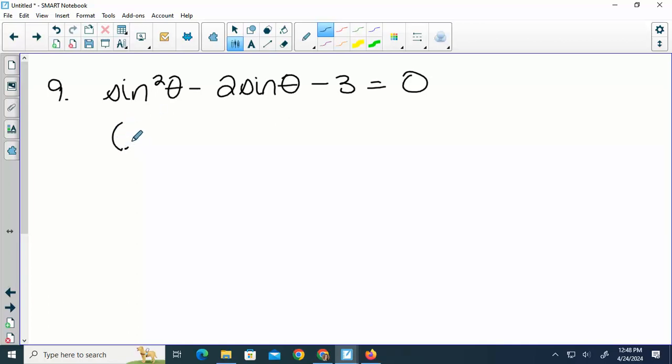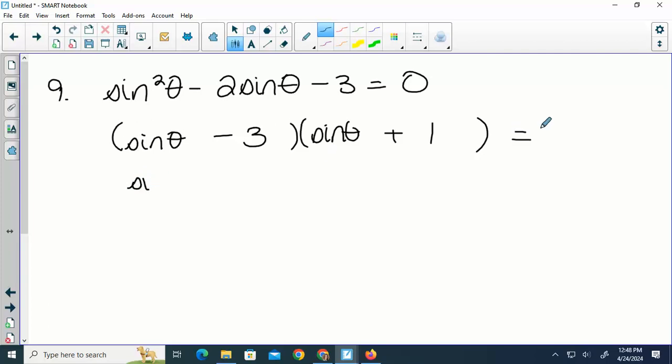So sine squared we break into a sine. What two numbers multiply to -3 and add to -2? -3 and 1. If we set each of those equal to 0, we get sine theta equals 3 and sine theta equals -1.